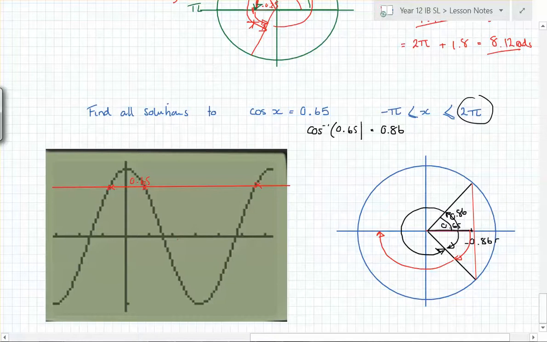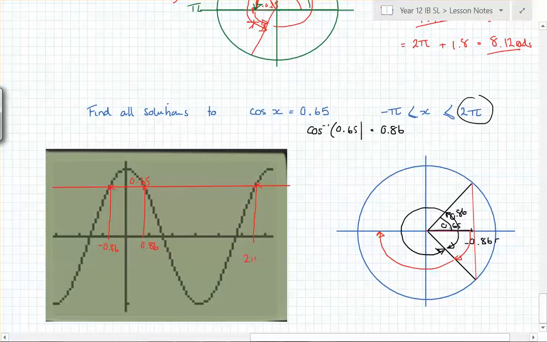So, which one does the calculator give you? It gives you 0.86 radians. This one, therefore, is obviously also at minus 0.86 radians. How do I find this one then? Well, I could do an intercept on my calculator, but how could I do it using the similarity?